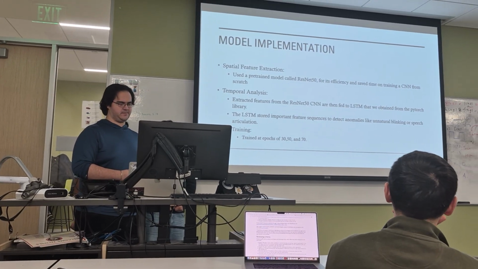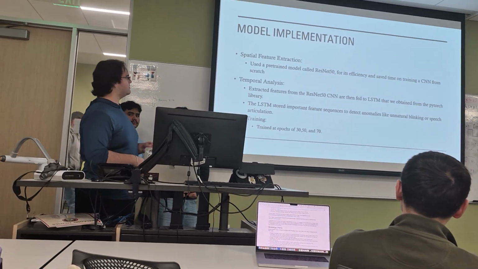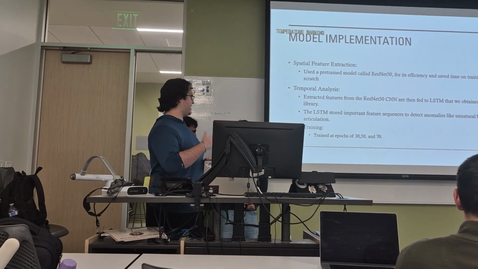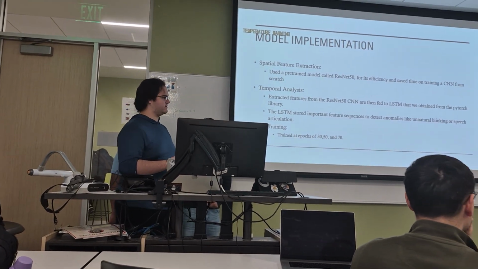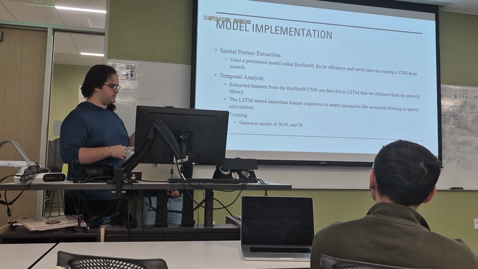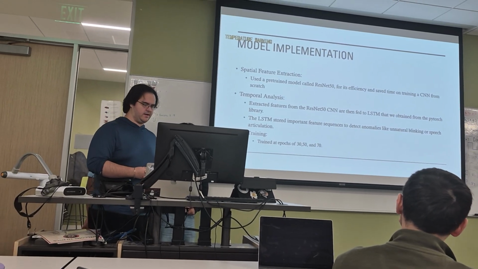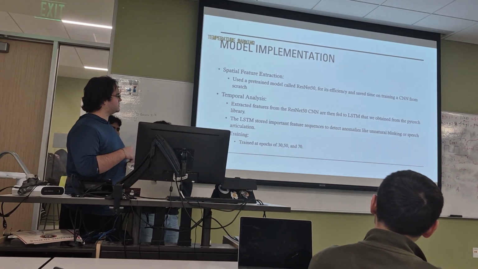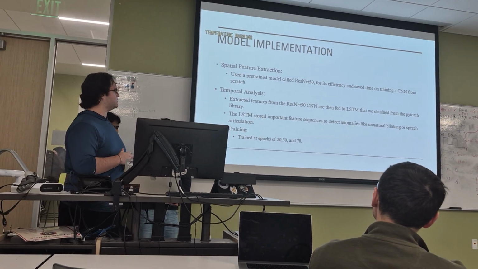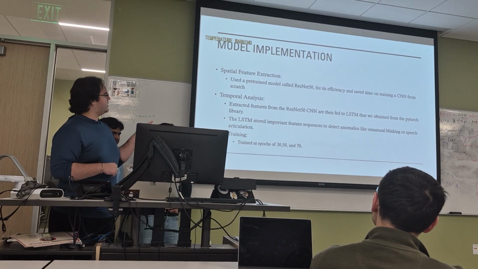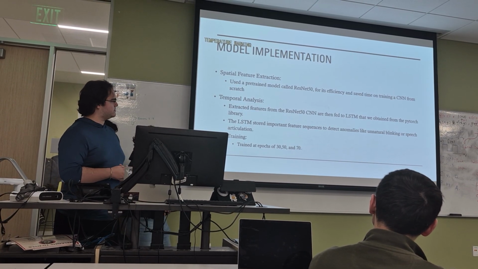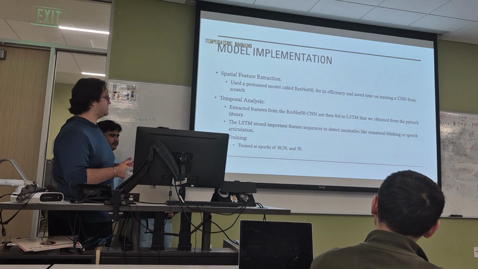ResNet50 takes, I believe, 2,048 features that it observes from a face, and then passes them to the LSTM. That one outputs 256 features, and it stores the important feature sequences to detect anomalies.